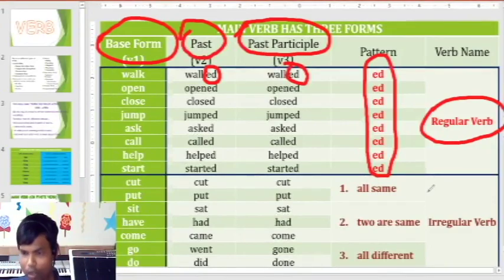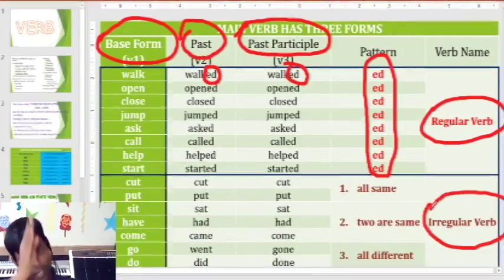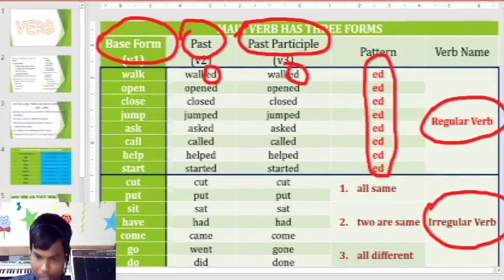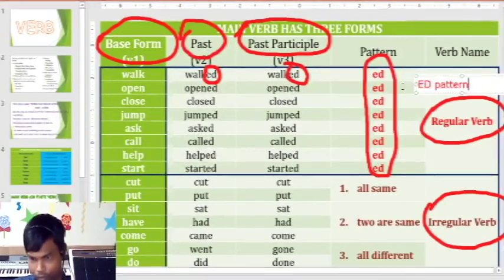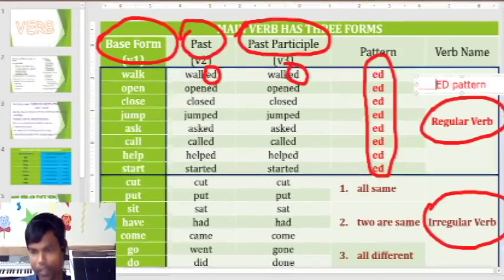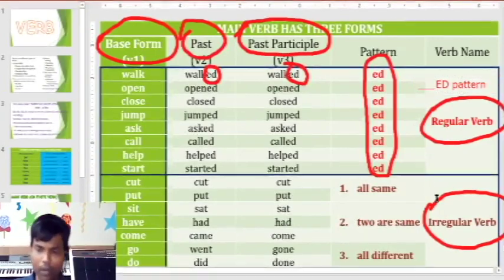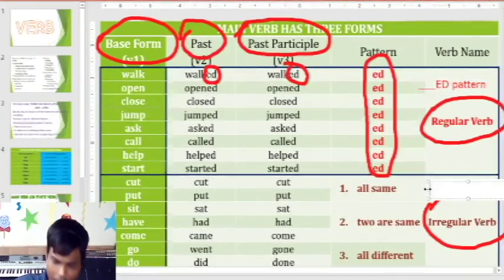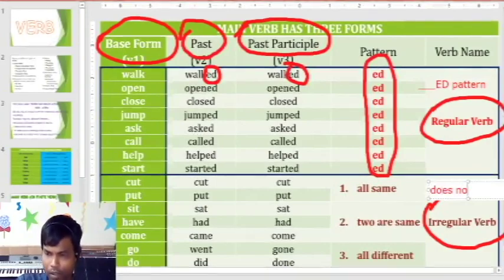So regular is that which has ed pattern. Let me write it down for you. Regular is that which has ed pattern. And before ed, of course, you have verb and then ed. That is regular verb. And irregular verb does not have ed pattern.